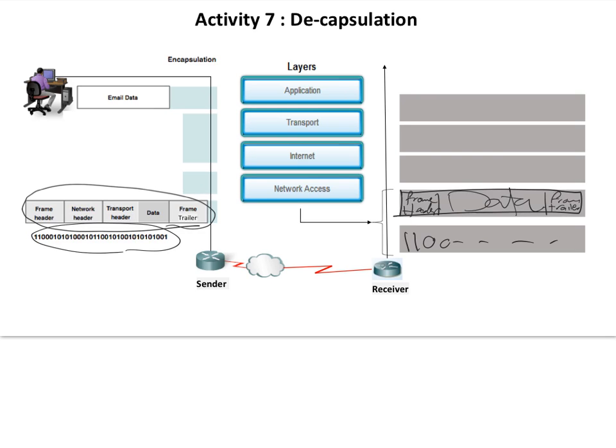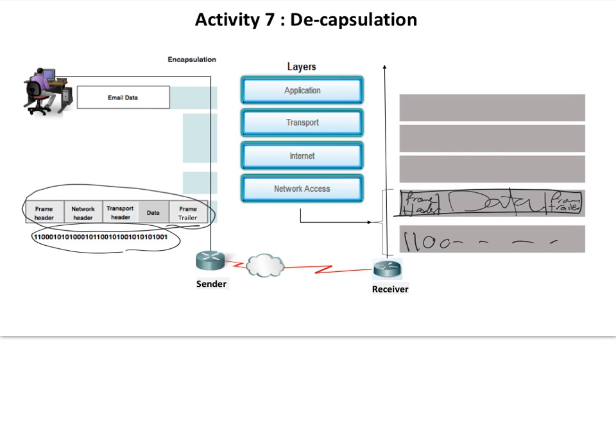I don't know that this is the network header. Everything else is just a closed box for me. I don't know what's inside the box. Okay? Virtually, in that box, there is what you have just said. But for me, in the network access layer, I don't see that.